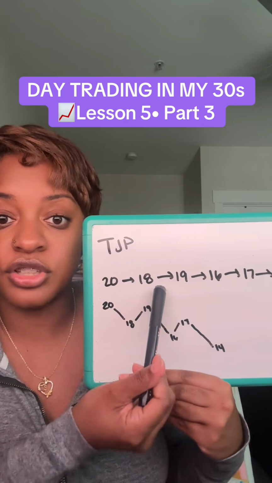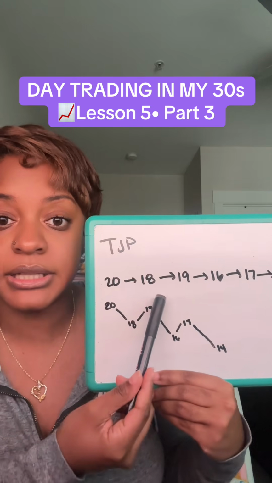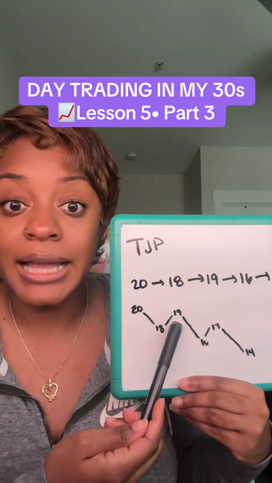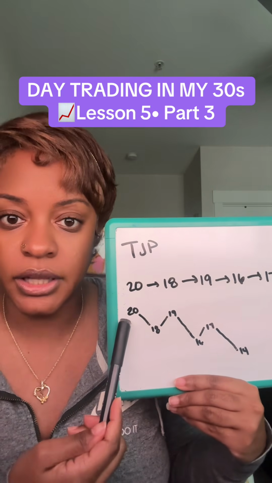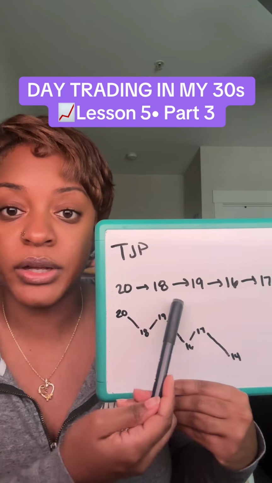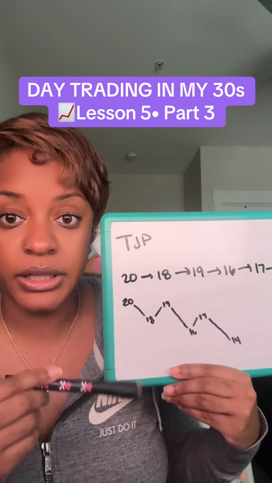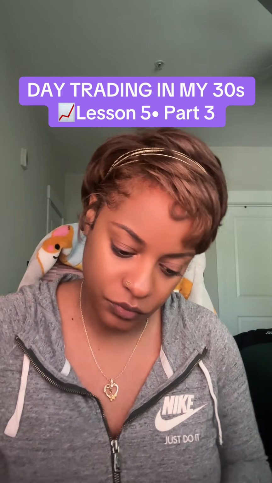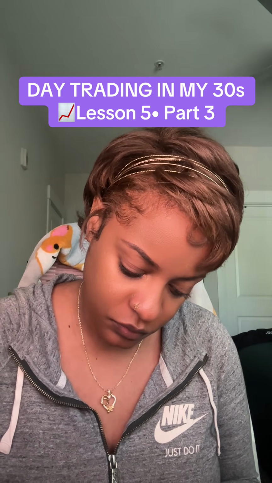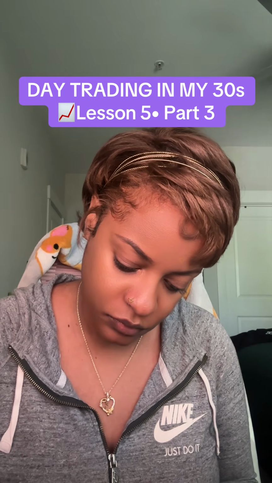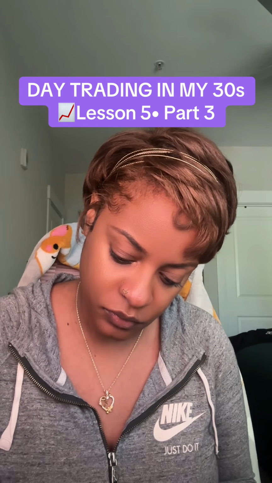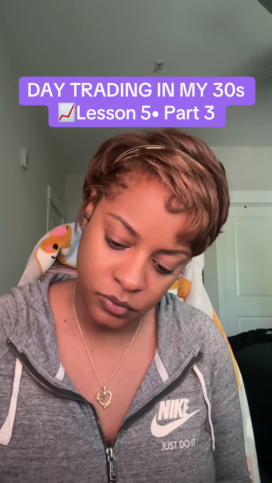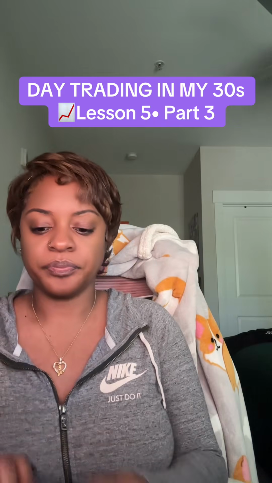Once it curves and starts changing directions and the price increases to 19, that is also a swing high. However, 19 is lower than 20, so that makes it a lower swing high, but we slash out the swing and it becomes a lower high. All right.